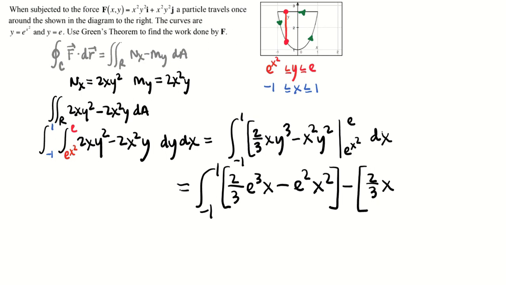When I take e to the x squared and cube it, I'm going to have e to the 3x squared, minus x squared, and when I throw in e to the x squared and square it, I'll have e to the 2x squared. Man, this is not looking good.